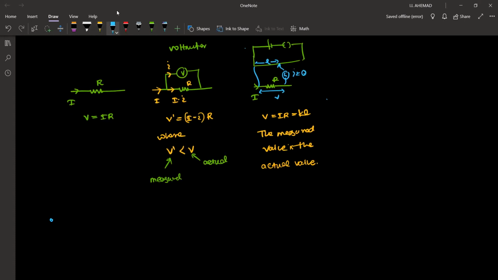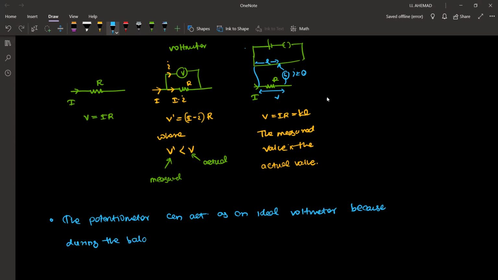So the potentiometer can act as an ideal voltmeter because during the balance, no current is drawn by the potentiometer.